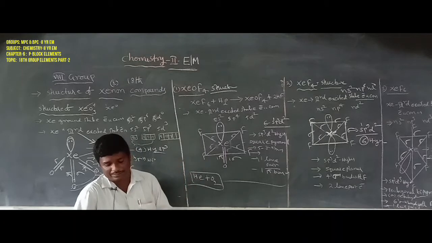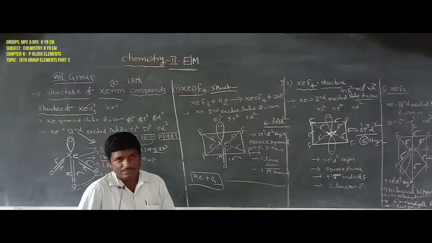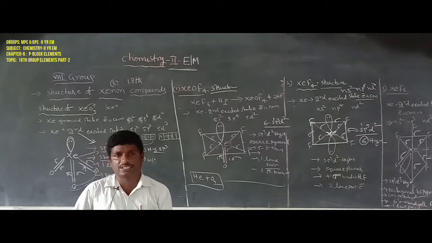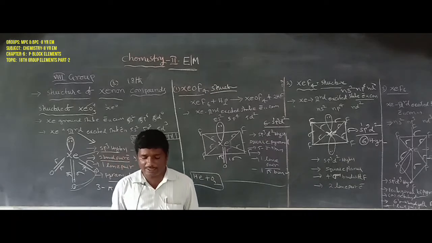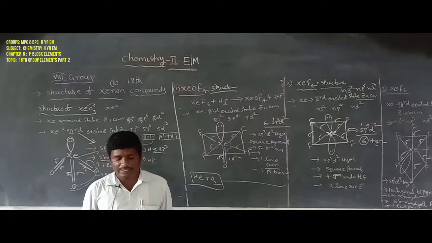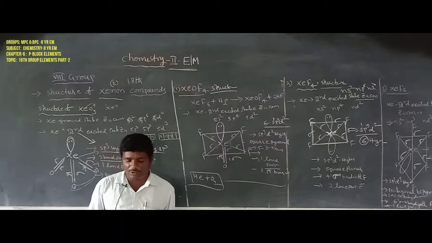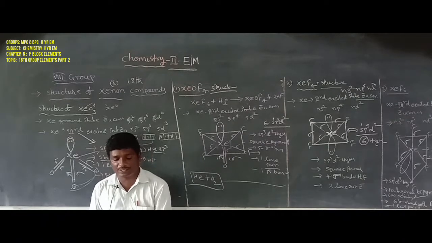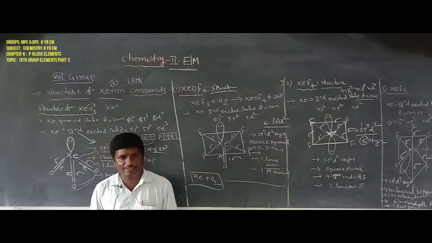Next, uses of neon. Neon is mainly used for filling discharge tubes and fluorescent lamps, which are used for advertising purposes. That is the first one.